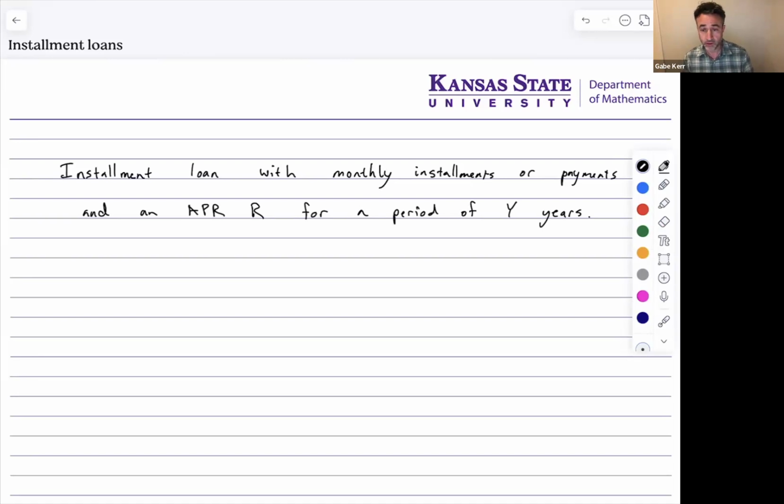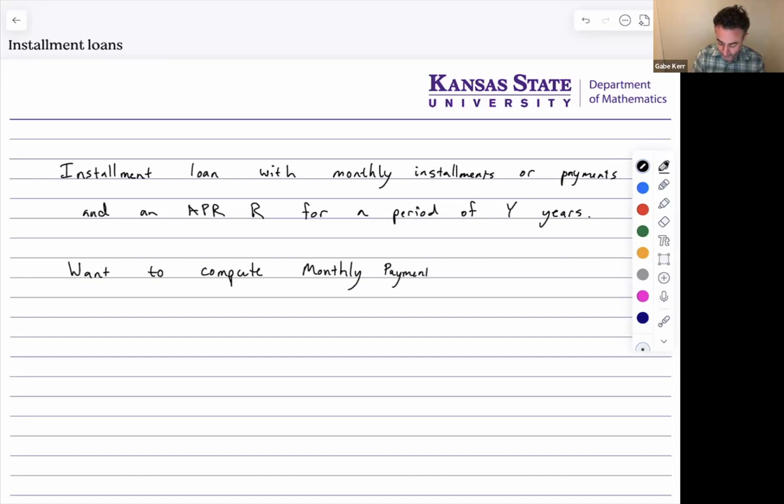Before you take out any kind of loan like this, the first thing you'll want to compute is the monthly payments. How much are you going to owe per month?